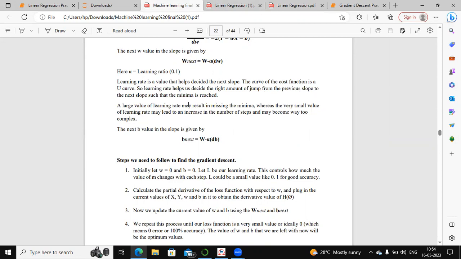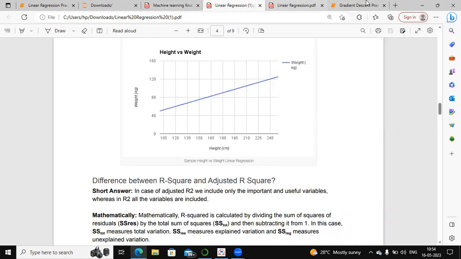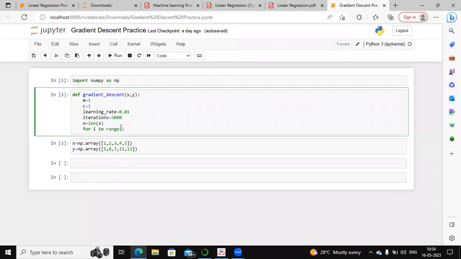A large value of learning rate may result in missing the minima, whereas a very small value may lead to an increase in the number of steps. Since our learning rate is 0.01, I'm passing 5,000. Instead of 5,000, I have already defined iterations, so I will pass the iterations variable here.